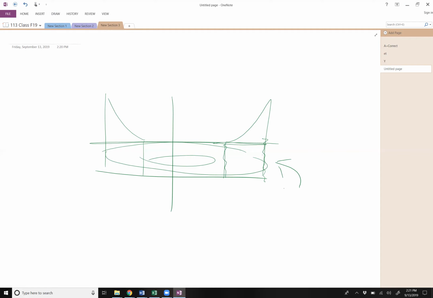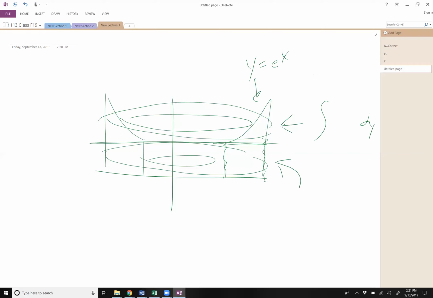And to do that, if you're doing disks, what variable are you integrating with respect to? Y? Yes, y. You're integrating with respect to y, so you've got dy's, and this curve is y equals e to the x, so you have to solve for x, so you have a function of y. You get x equals the natural log of y.